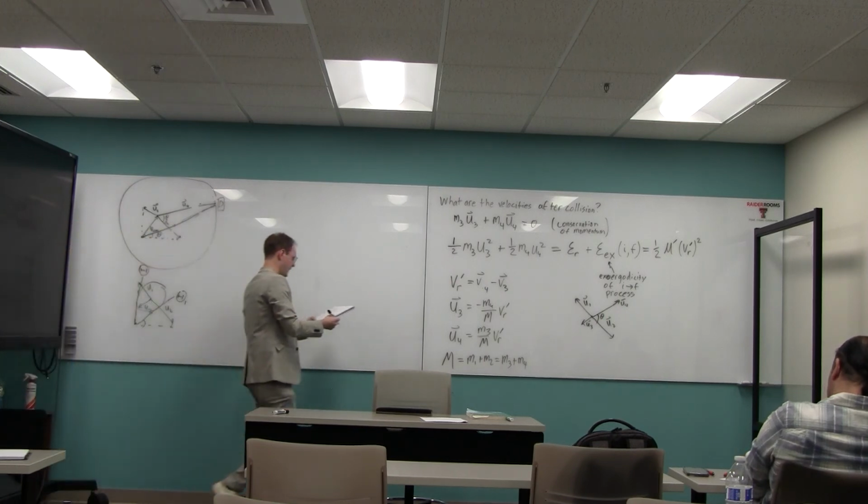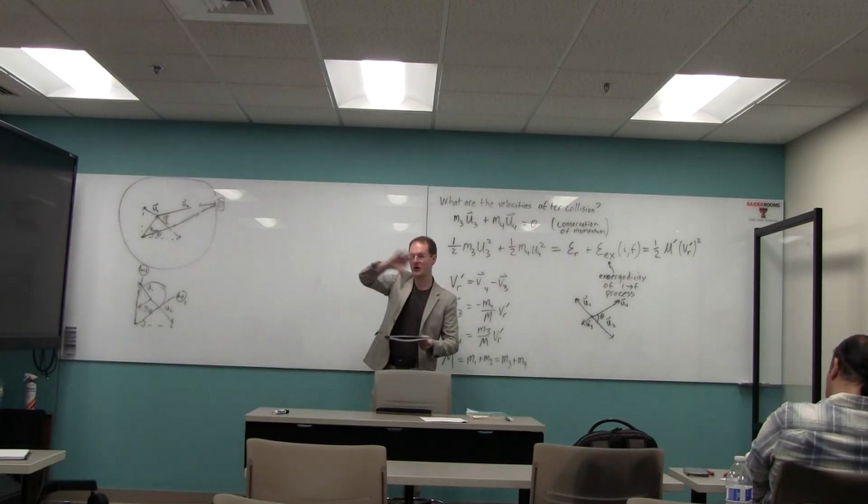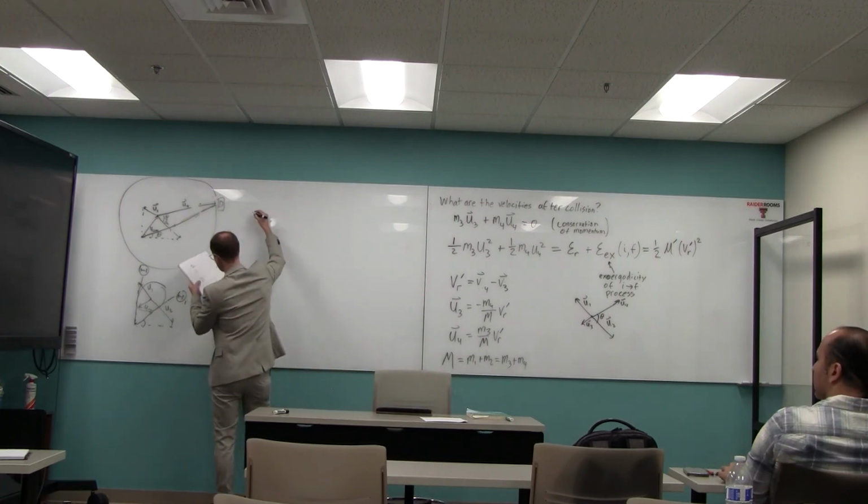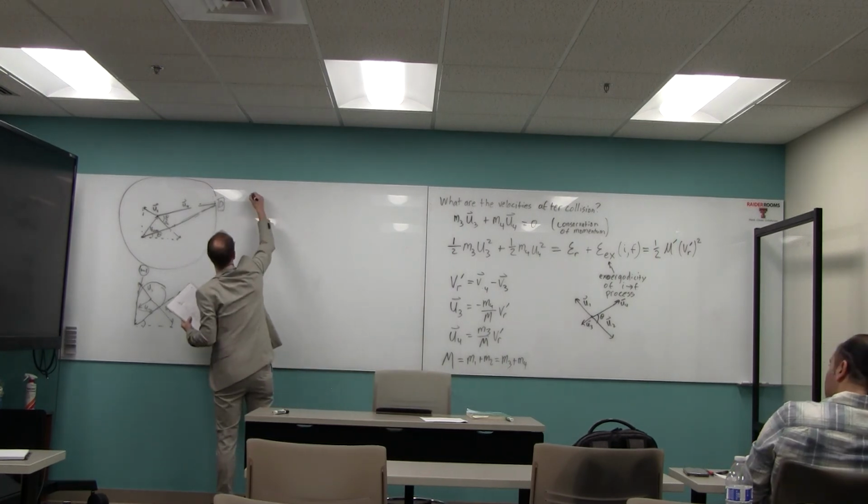Okay, so if you measure all of these angles, right, then you get what's called the differential cross-section for scattering.